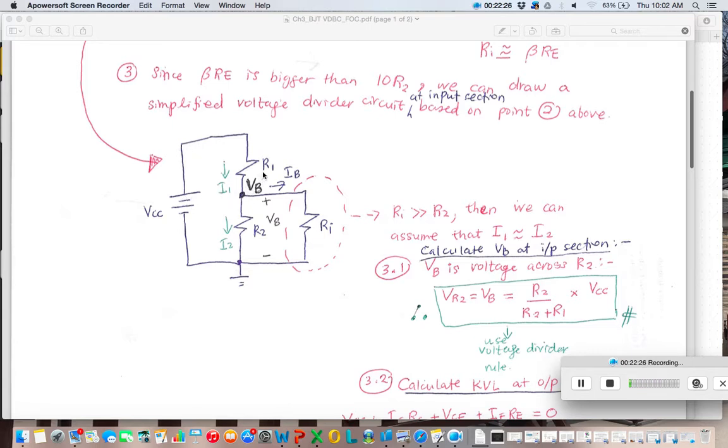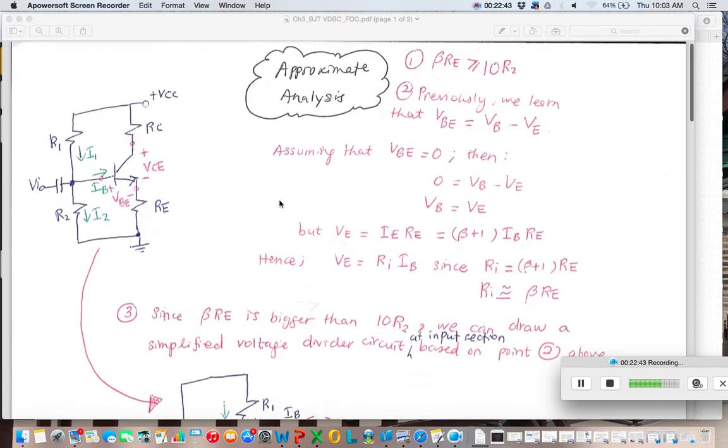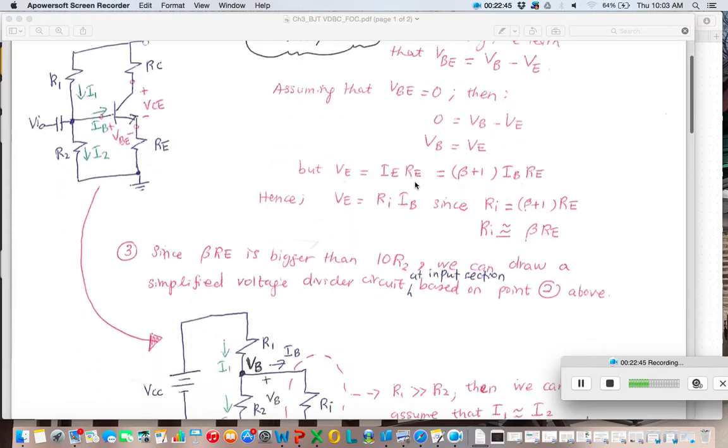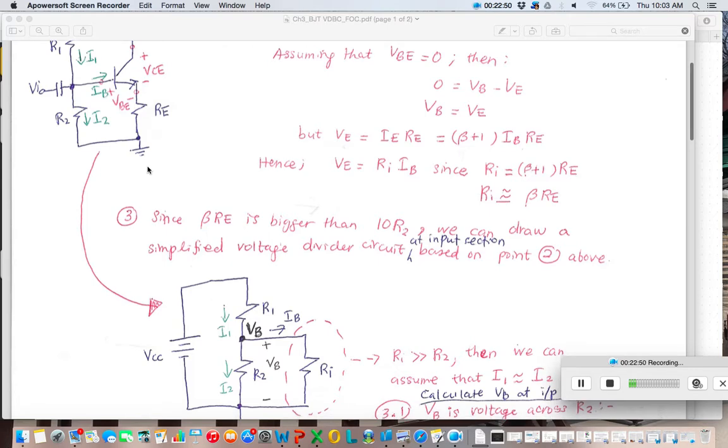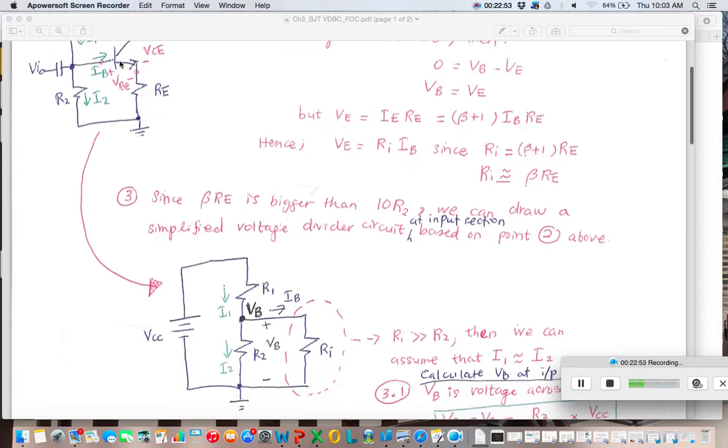So you have R1 connected to VCC, the negative supply of VCC connected to ground, and then we have R2, which is obviously connected to ground as well. And for RE, since we assume VBE equals 0, it means there is no BJT here. We assume no BJT, so we can directly connect the RE.